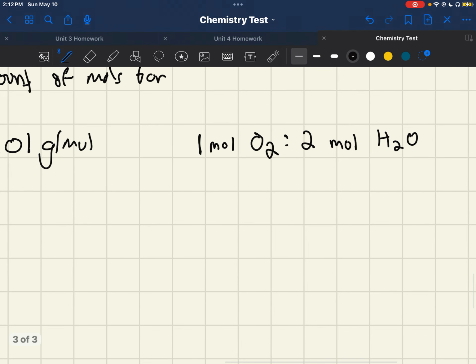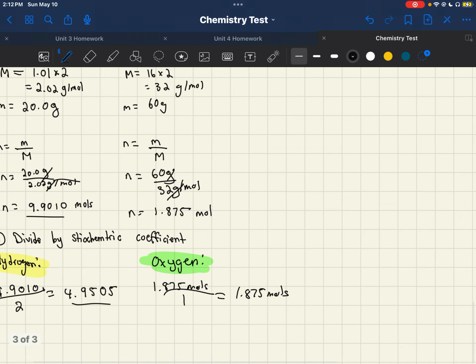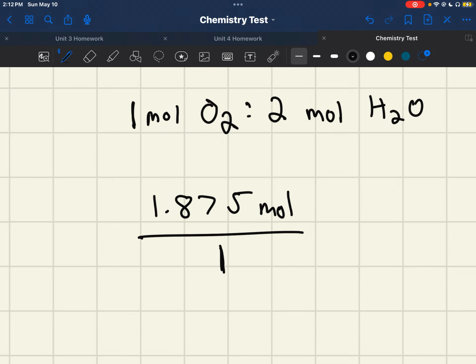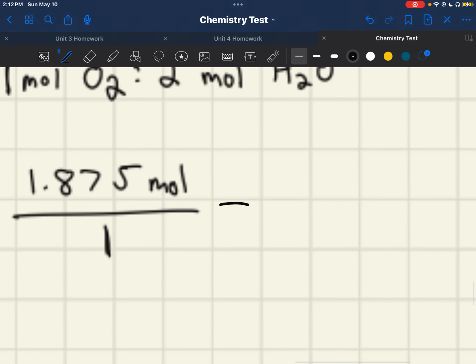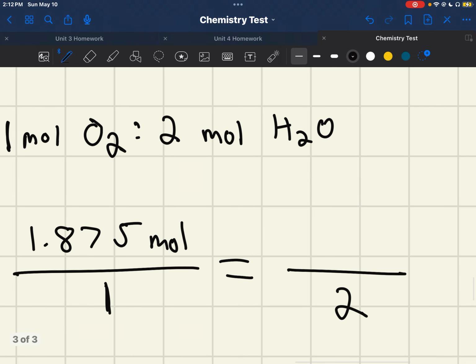So we could just do cross multiplication. We know the amount of moles for oxygen, which is 1.875. So you're going to just take that 1.875 moles, and that's over 1, which is your stoichiometric coefficient. And that's going to equal n over 2 because it's 2 moles for the water.